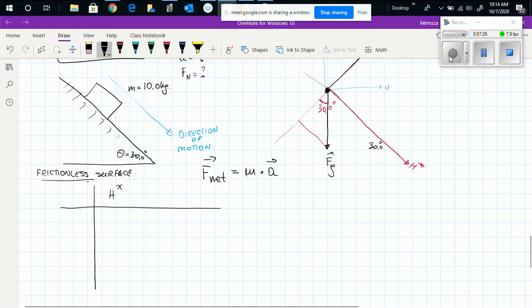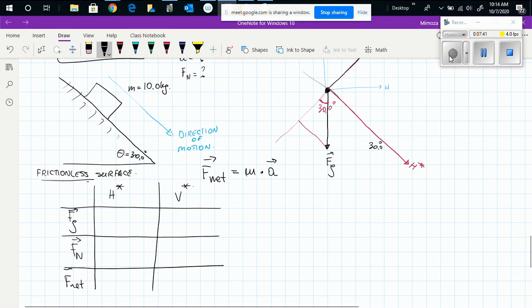We have the new horizontal axis and the new vertical axis, and as forces, force of gravity and force normal. Since those are the only two forces we are dealing with, the third row will be force net.